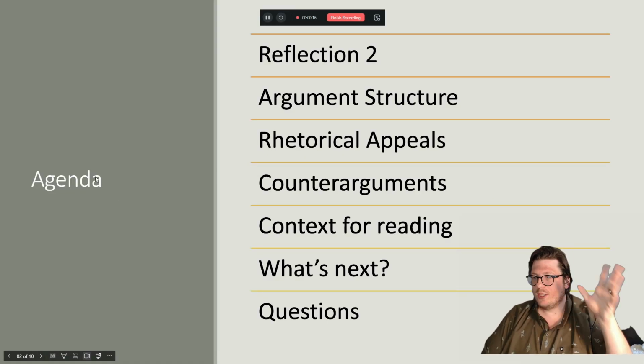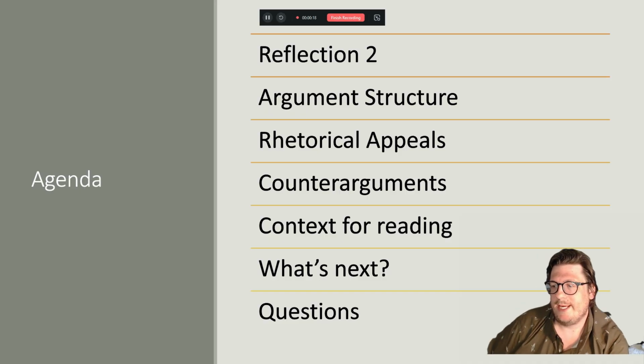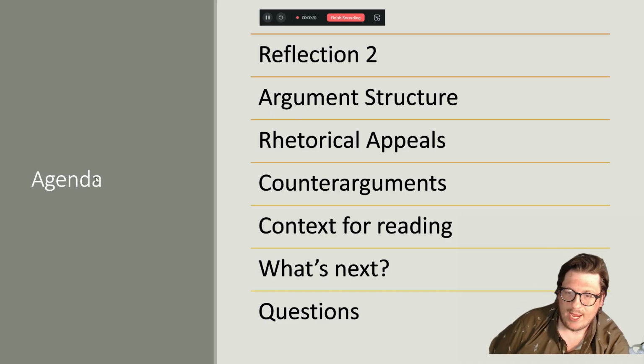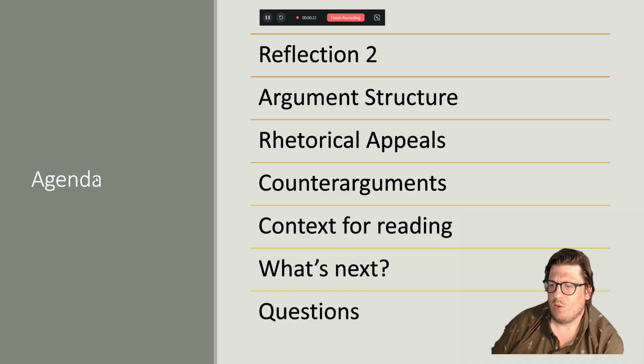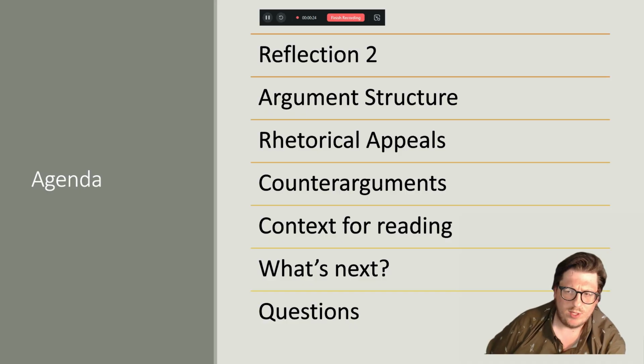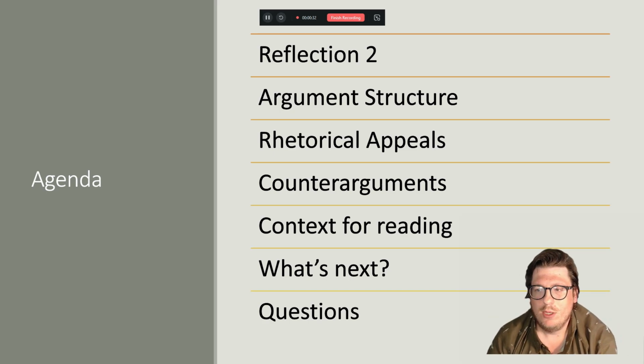So here are the things that we're going to be going over today. You'll see them all in Canvas, but I want to give you some more information and make sure that we understand all of the assignments and how to go about doing all of them. So we'll talk about reflection number 2. We're going to talk about argument structure as it pertains to persuasive essays.